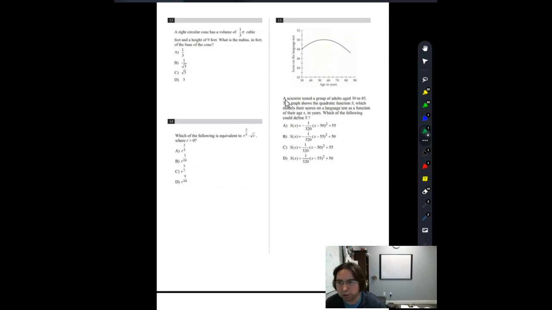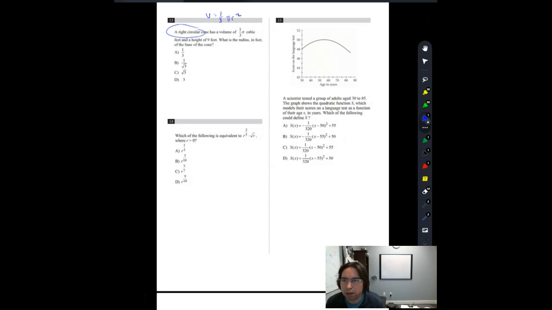So number 13, it says a right circular cone has a volume of 1/3 pi cubic feet and a height of 9 feet. What is the radius in feet of the base of the cone? So okay. Here, remember the right circular cone, we know the formula of a cone, so the volume is equivalent to 1/3 pi r squared times the height.